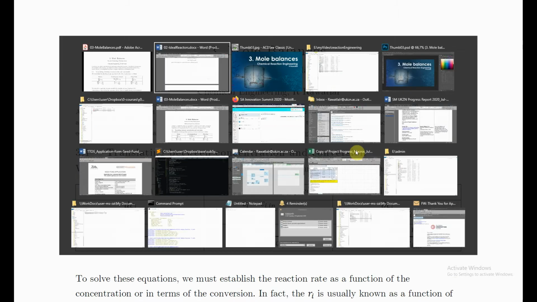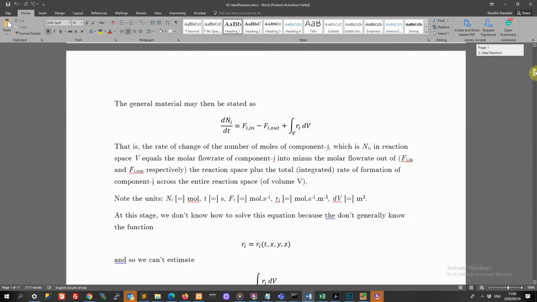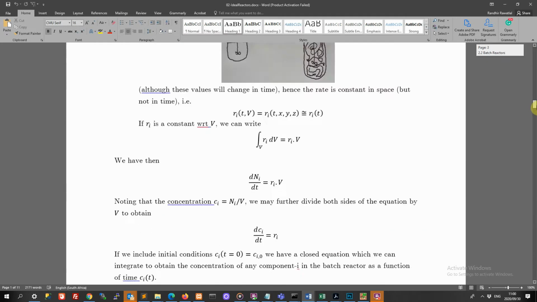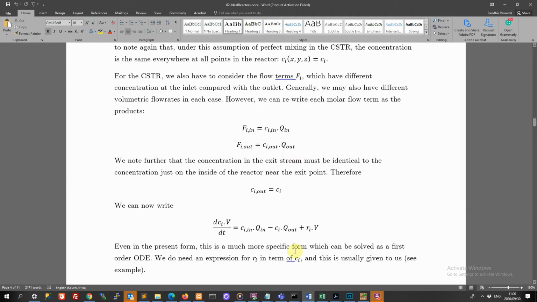We have to go all the way back here, and we update our mole balance to say, well, for the CSTR, Q in is no longer equal to Q out. The volume is still constant, but these two are no longer the same. And Q in is considered under our control, and so we regard this as a known constant, or it's known even as a time function.